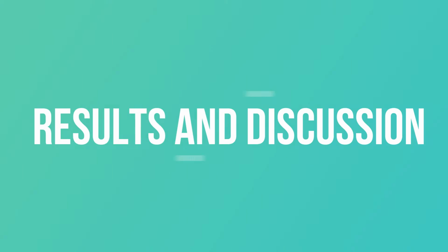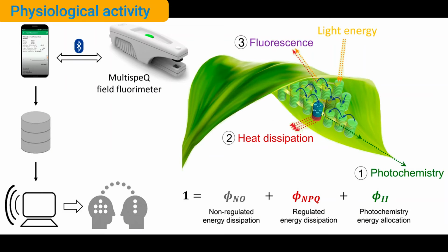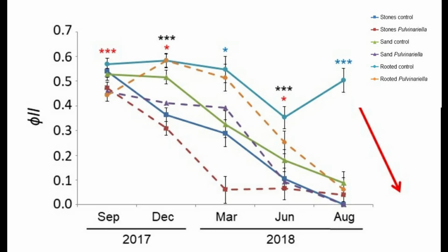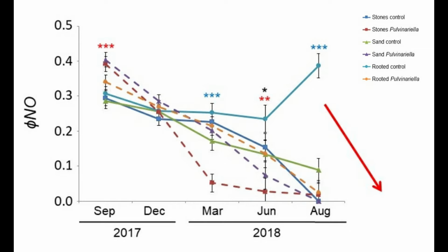And what did we find from those analyses? As an aside, dashed lines indicate that the plant was under the influence of Pulvinariella, while solid lines do not. Well, for the photosynthetic parameters Phi2 and PhiNO, a decrease was seen in all cases except for rooted control plants.